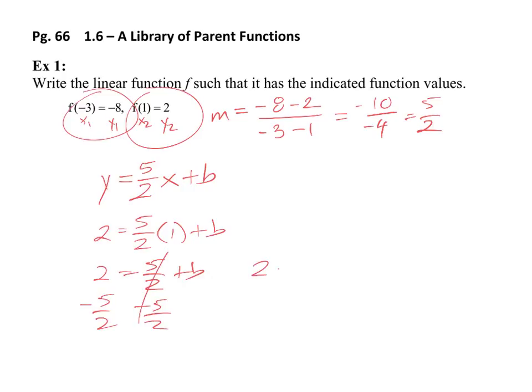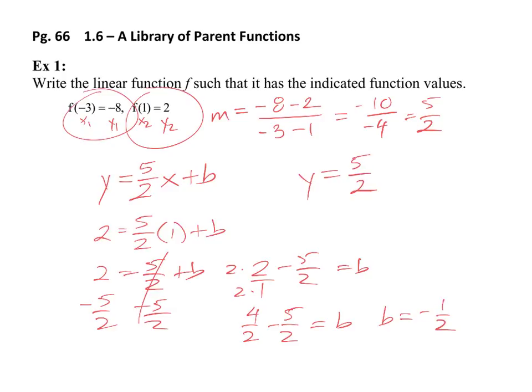So I have 2 minus 5/2 equals b. Put this over 1, multiply top and bottom by 2. So b is equal to -1/2. All right, so completing my equation, I have y equals 5/2 x minus 1/2.